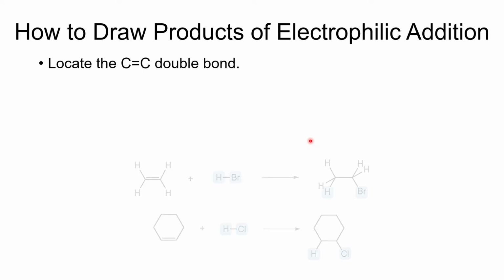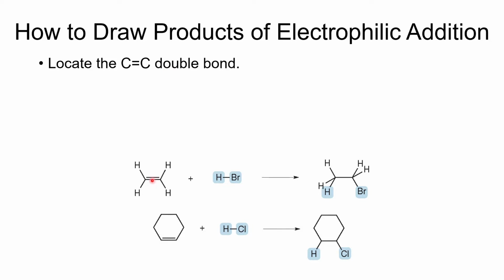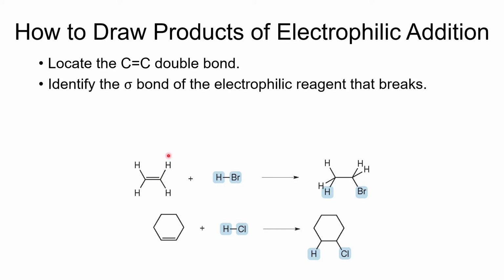So we now want to look at how do we draw the products of an electrophilic addition. Well, the first thing that you want to do is to locate the carbon-carbon double bond. So locate that pi bond. Once you've located the pi bond, then identify the sigma bond in the electrophile that is going to break. So the electrophilic reagent.